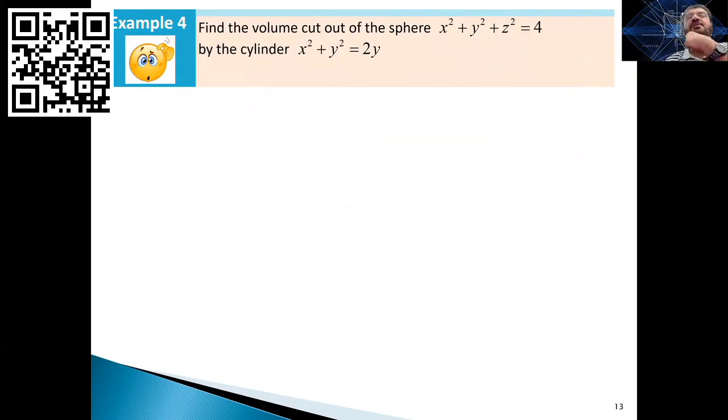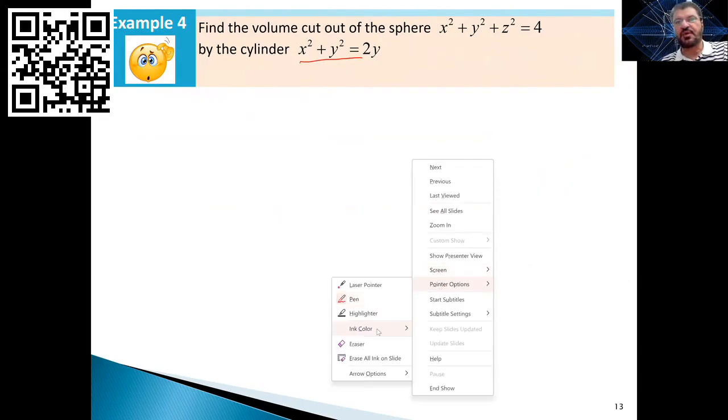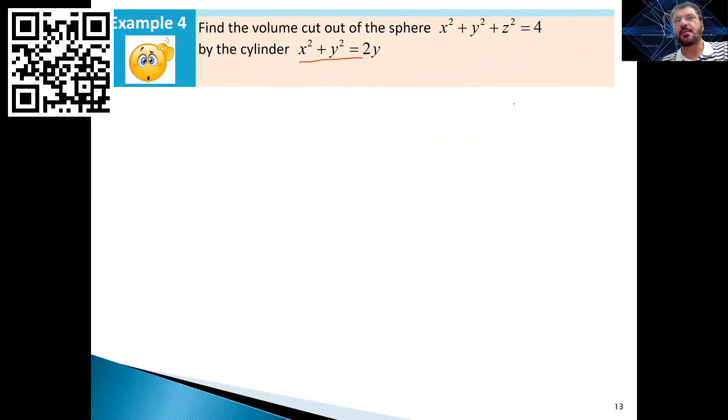Okay, now find the volume cut out of this sphere and this cylinder. Now let's grab the sphere first, guys. What we have is a sphere of radius 2. Here is 1, here is 2. In the back, -1, -2.